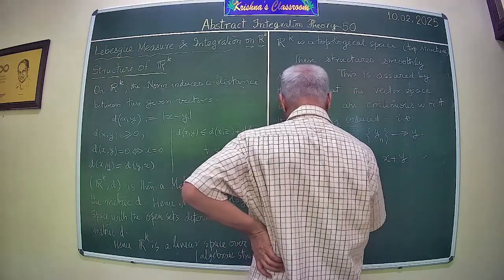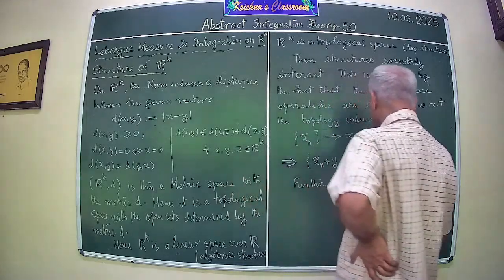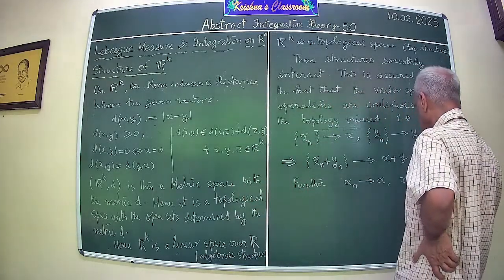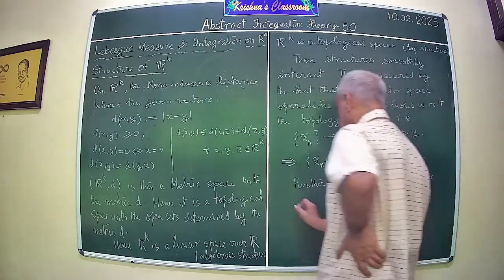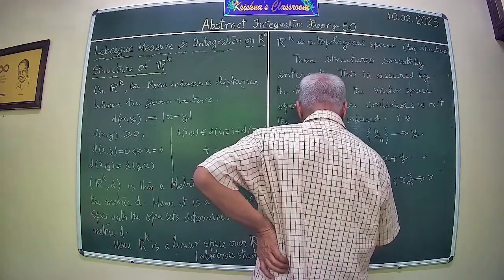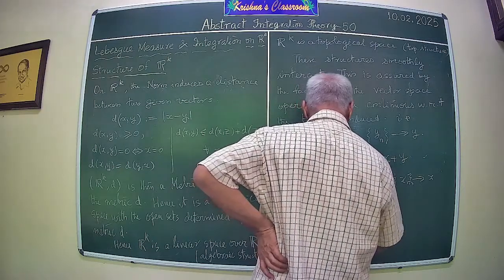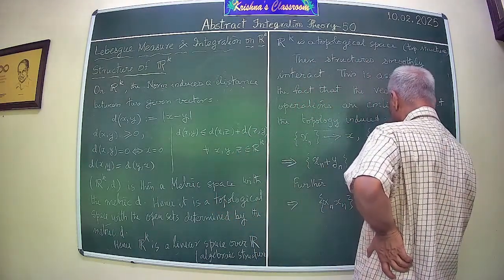Further, alpha n converging to alpha and xn converging to x implies the sequence alpha n xn converges to alpha x.